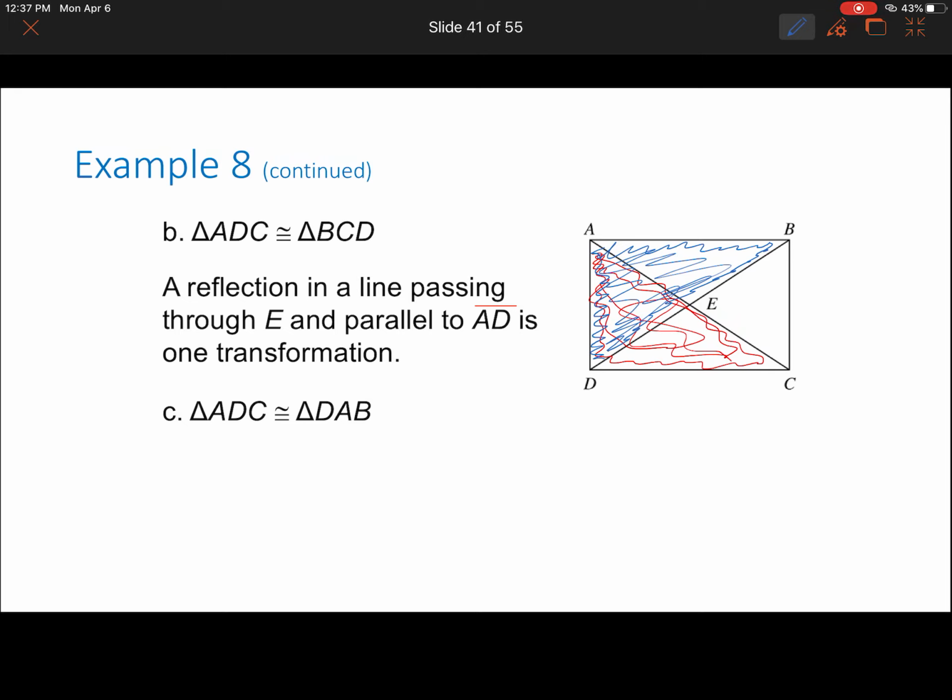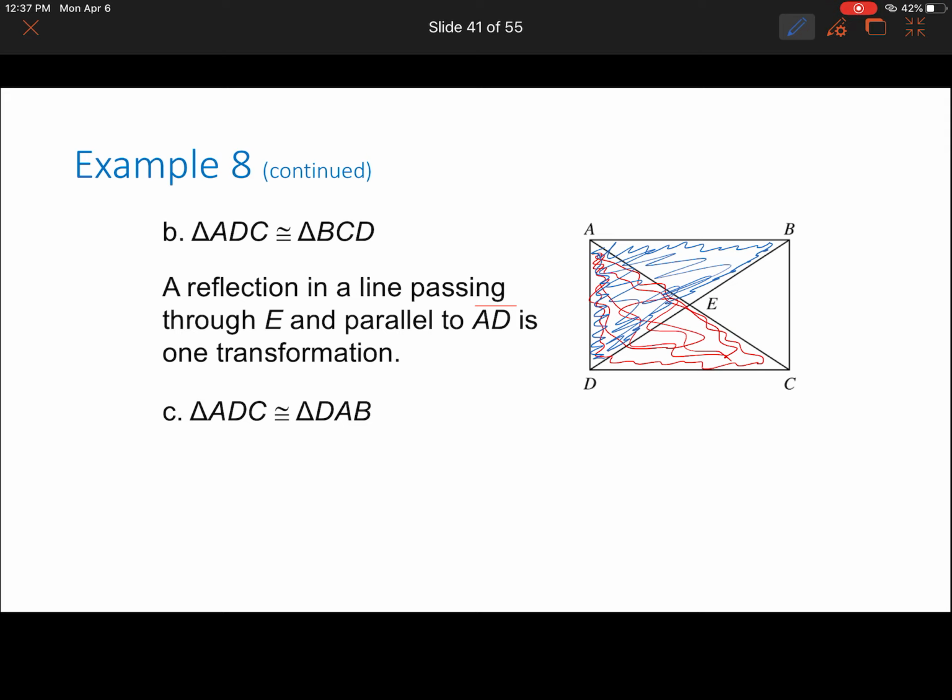And so again, we want to think about, how does that red one move in such a way that it becomes the blue one, or vice versa? And so, very similar to part B above it, it can be done by reflection.